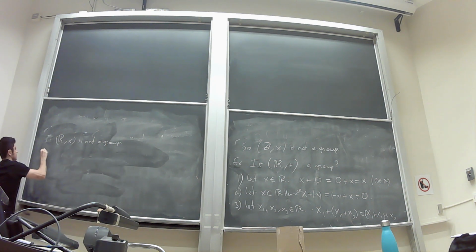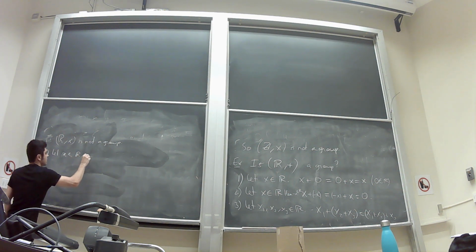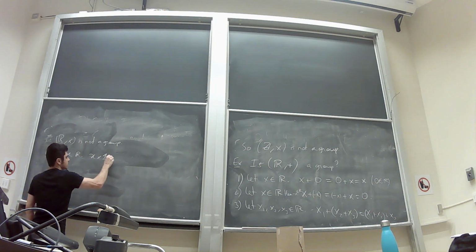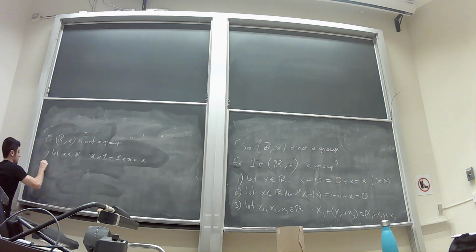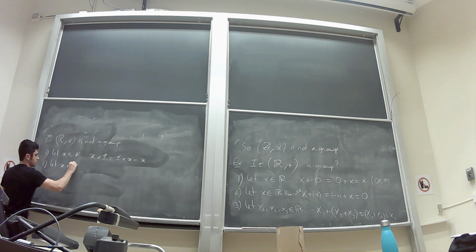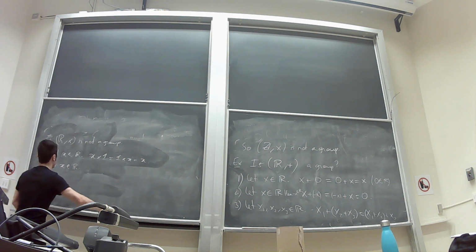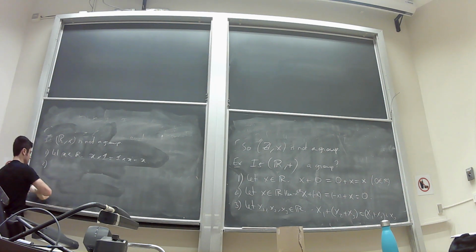So let's do that. Let x be in R. Property 1 is satisfied: x times 1 is equal to 1 times x is equal to x. Now, let x be in R, let x equal 0.